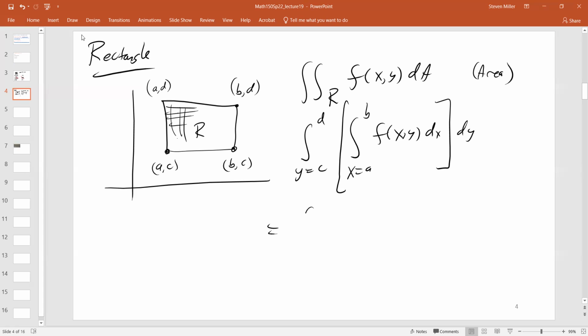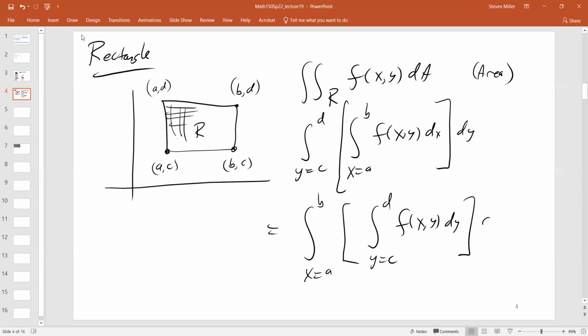And it's also the same as the integral x goes from A to B, y goes from C to D, f of x, y, dy dx. This is not always true. This is the hope. If your function is nice, this will be true.